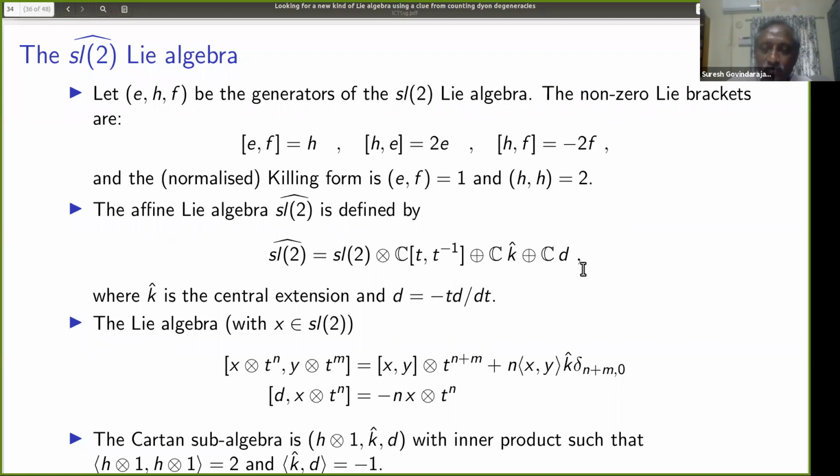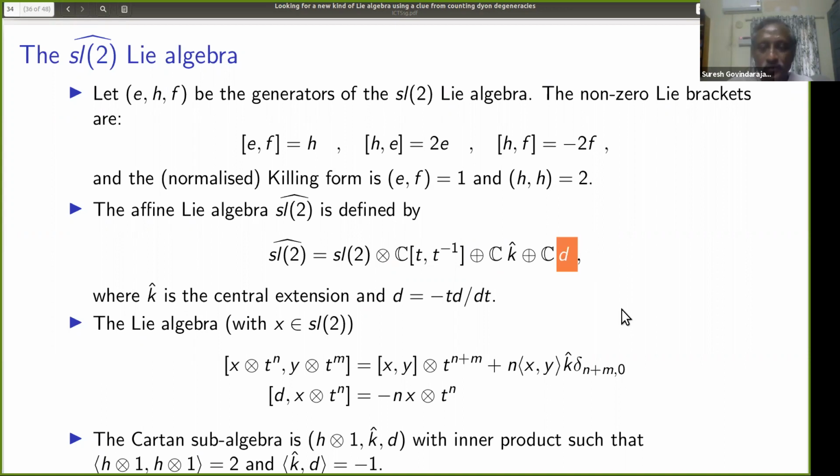For those of you who know Kac-Moody algebras from CFT, this is just the Fourier modes of the current, which is written J of T, and this would be the central charge, and D would be L0.